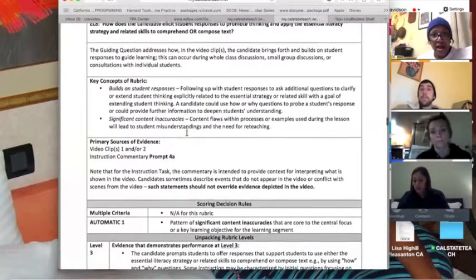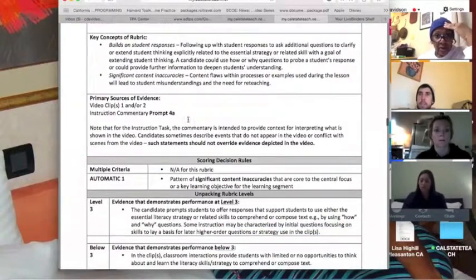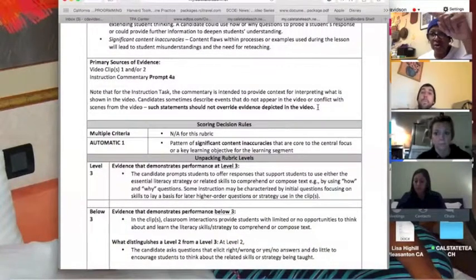The key concepts in this rubric are building on student responses and significant content inaccuracies. The primary source of this evidence is going to be the video. Notes from the task and the commentary are also going to be part of that. And statements should not override evidence depicted in the video. So if you say something, but you see it in the video, then you get dinged in the video because you didn't do what you said.